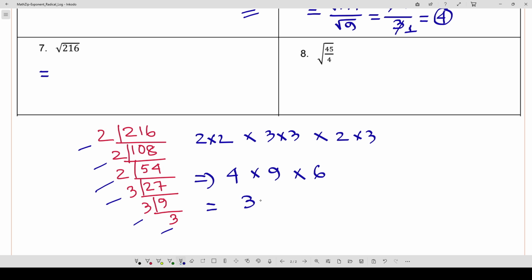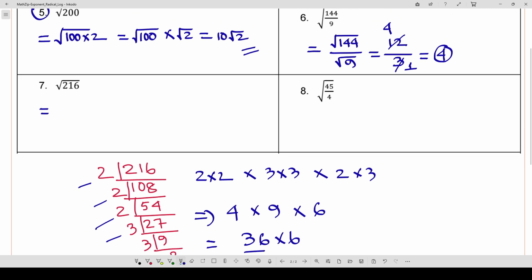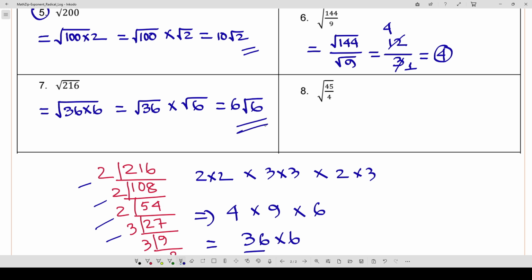That means 36 times 6, right? This 36 is a perfect square. Which one do we need? So this one we can write as root 36 times 6. That means root 36 times root 6. Root 36 means 6, and here is root 6. This is our answer.